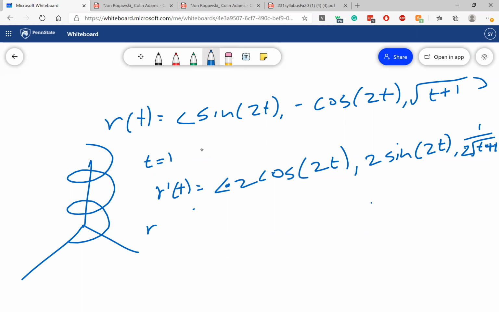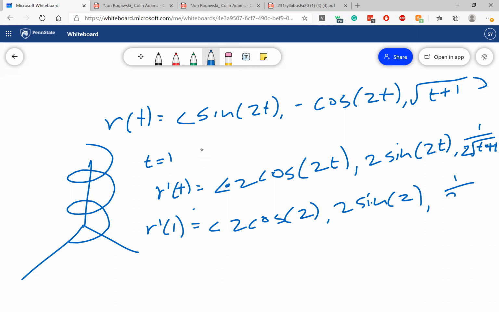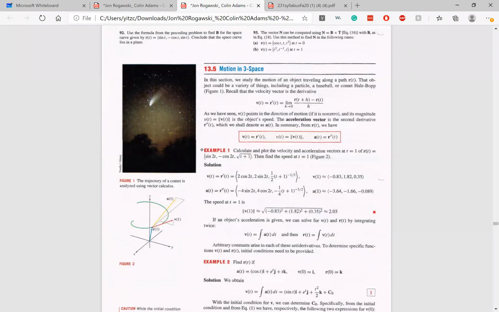And at t equal to 1, this is going to be 2 cosine of 2, 2 sine of 2, and 1 over 2 square root of 2. So far, let's see. Yep.